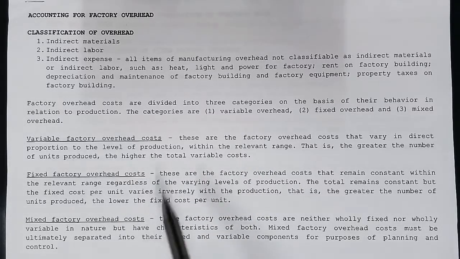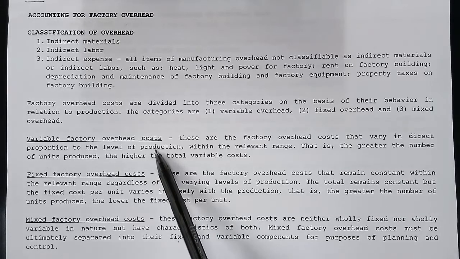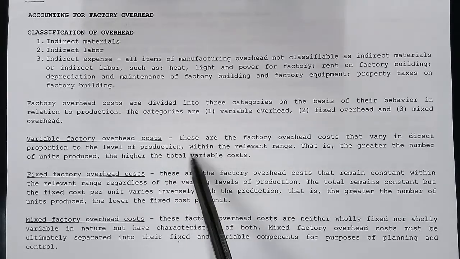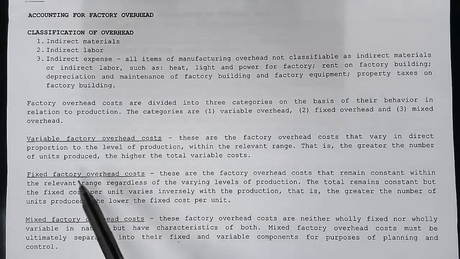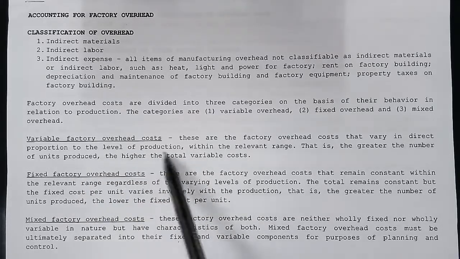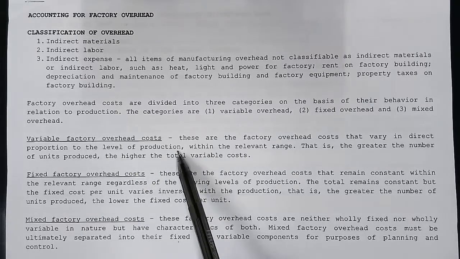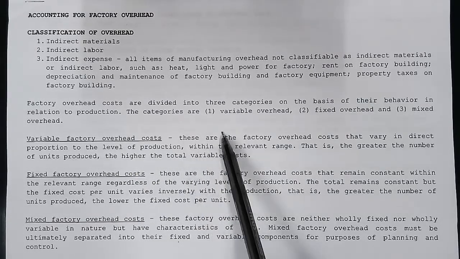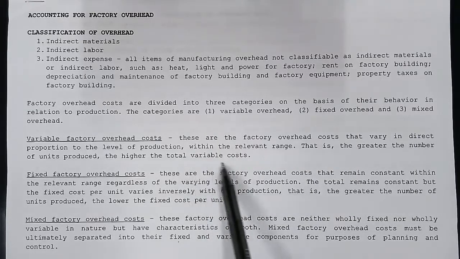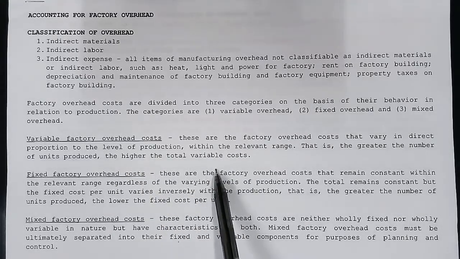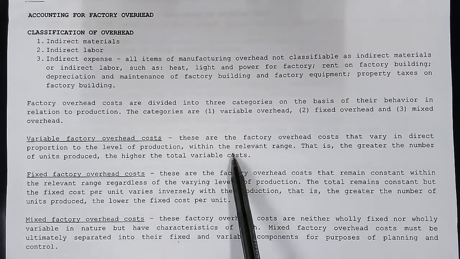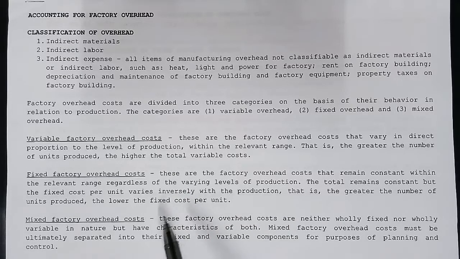So, the behavior of variable factory overhead is directly proportional to the level of production, meaning the more production, the higher the variable cost. The lesser the number of units produced, the lower the variable cost. So it varies directly with the level of production.